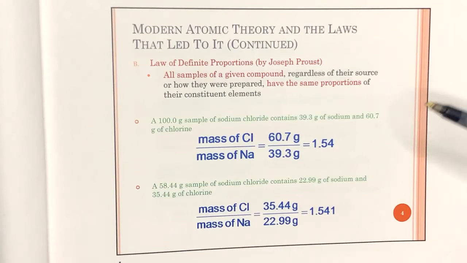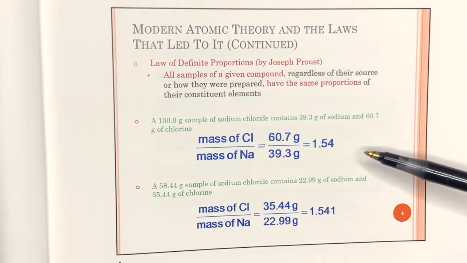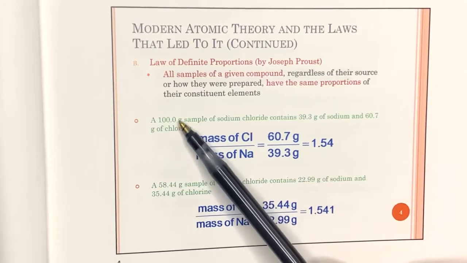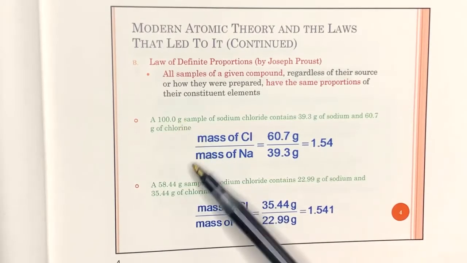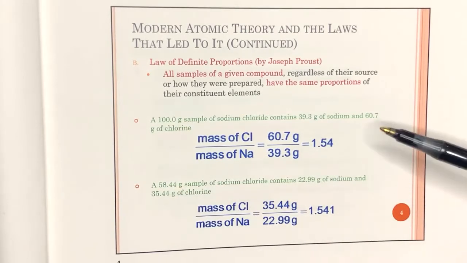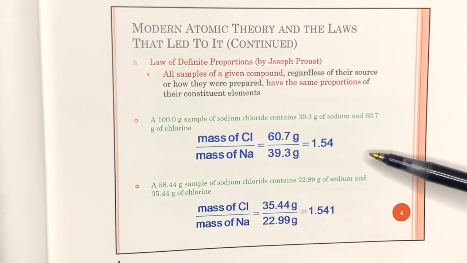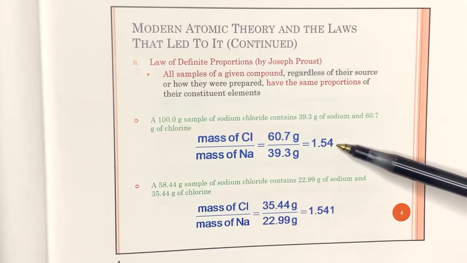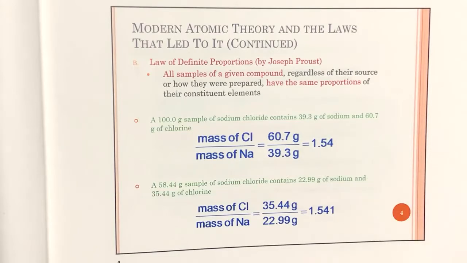So in this case, if you wanted to look at sodium chloride, which is table salt, no matter if you have 100 grams of it, or if you have 58.44 grams of it, it doesn't matter. Your ratio of the masses for chlorine to sodium is going to be 1.54. Okay? So that's the law of definite proportion.